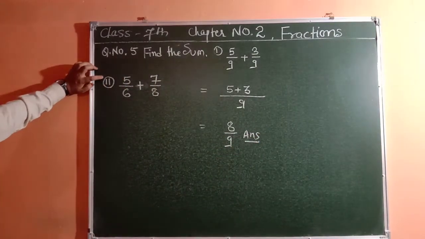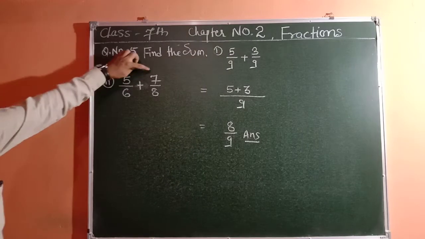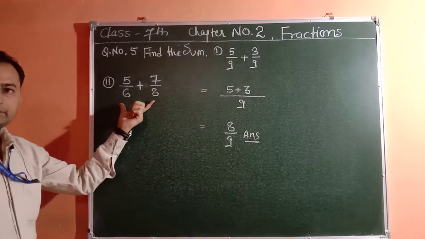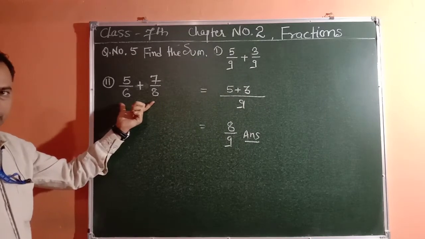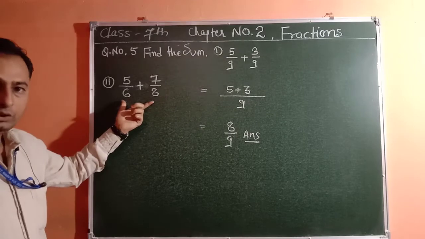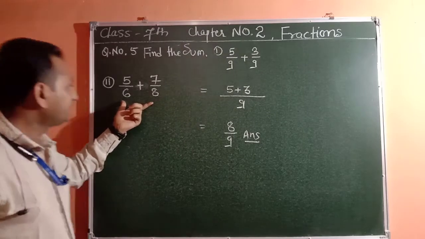In this question, 5 upon 6 plus 7 upon 8, we have different denominators. In this situation we apply the cross multiplication method.